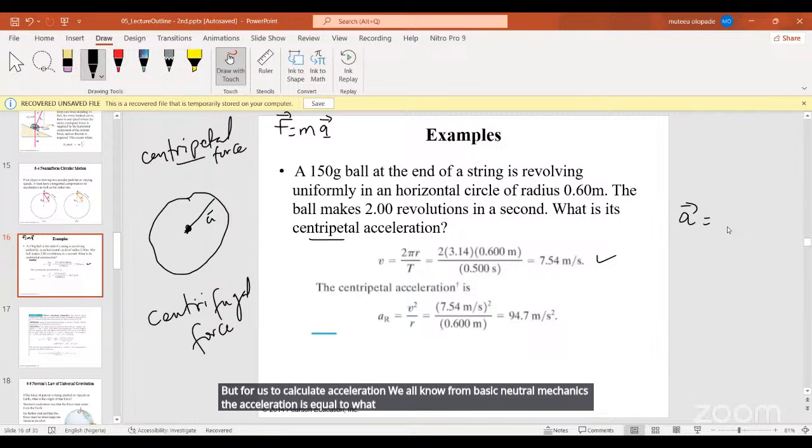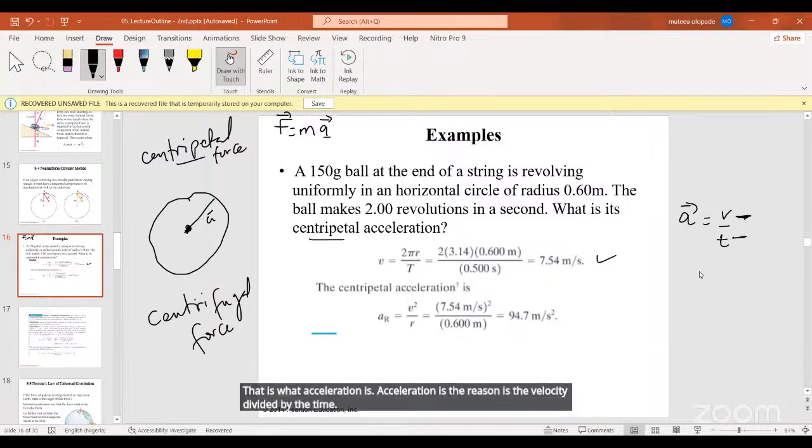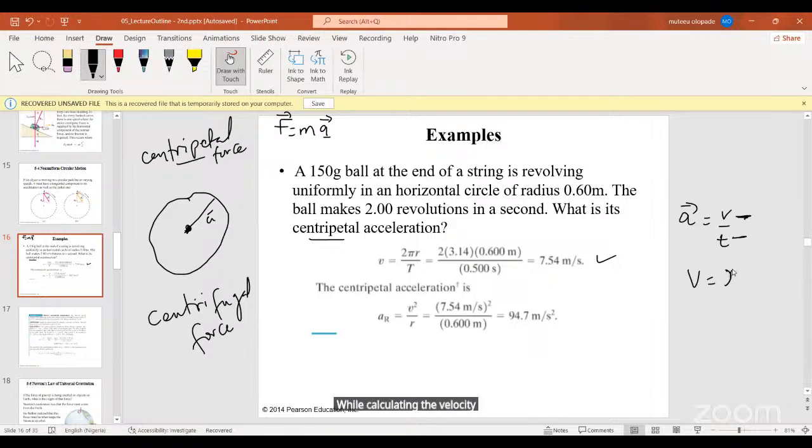Acceleration is always the speed, or velocity, divided by time. While calculating the velocity, that is the displacement divided by time, such that if you differentiate twice the displacement, you surely have the acceleration.